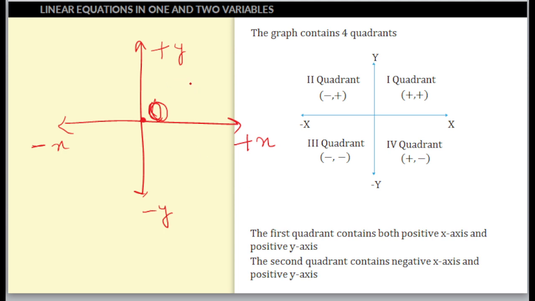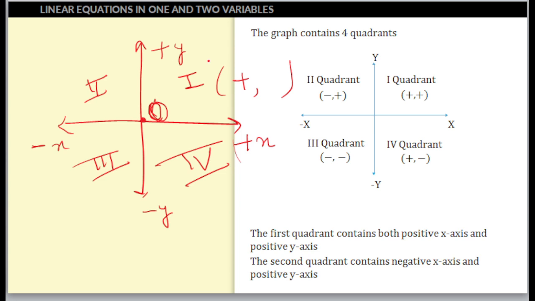So basically there are four quadrants: first quadrant, second quadrant, third quadrant, and fourth quadrant. In the first quadrant, x value is positive and y value is positive as well. In the second quadrant, x is negative and y is positive. In the third quadrant, both are negative.